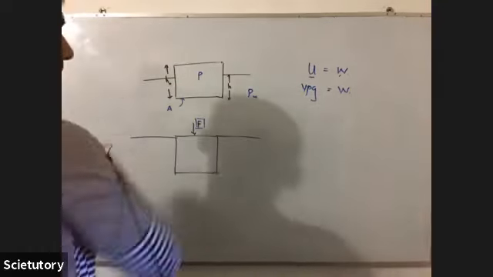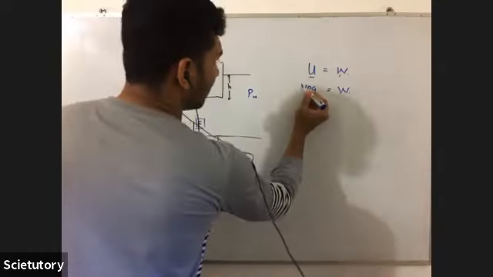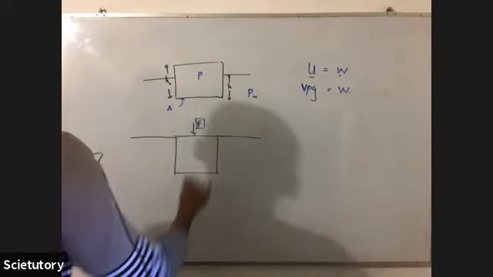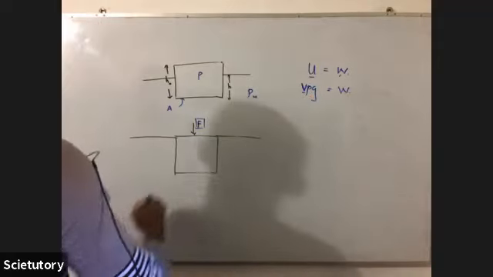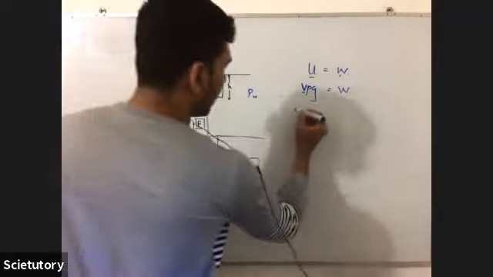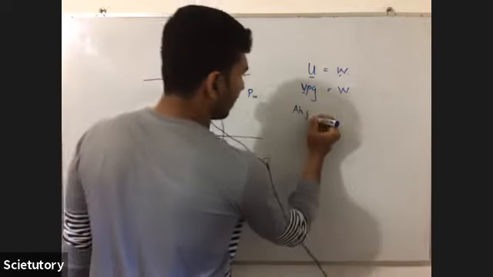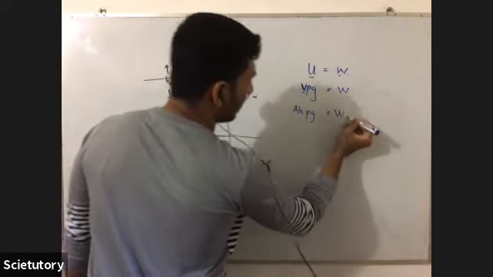So W is balanced by this V rho G. What is V rho G here? For V we can substitute A H, the cross-sectional area times the height immersed, times rho_w G.